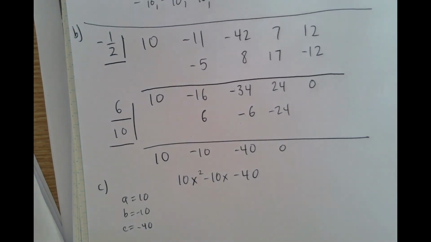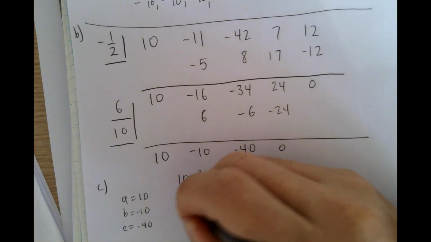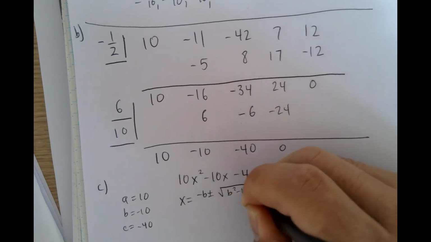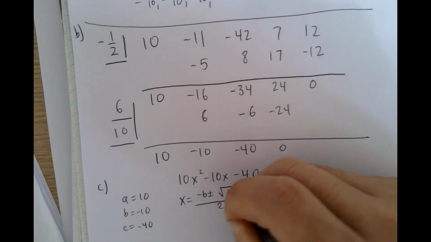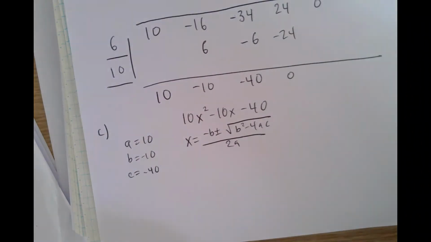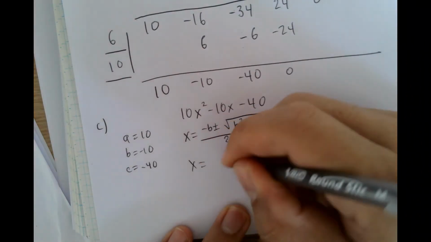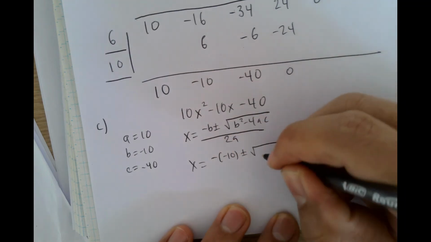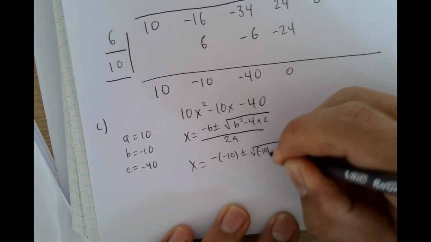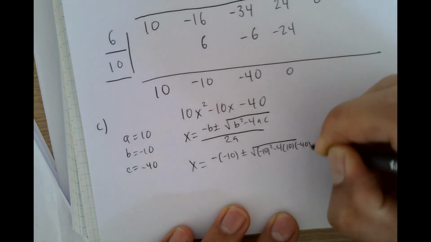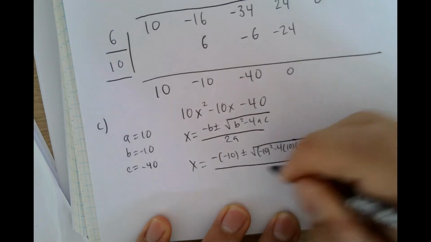So then we would get x equals -b plus or minus the square root of b squared minus 4ac, all over 2a. And you want to go ahead and plug it in. So we get x equals -(-10) plus or minus the square root of (-10) squared minus 4 times 10 times -40, all over 2 times 10.